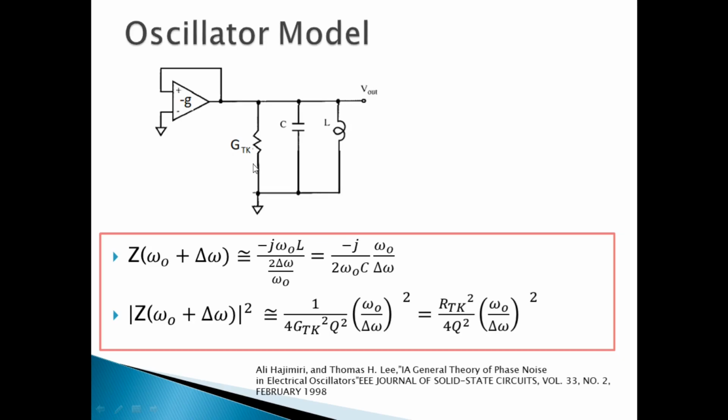So what happens to the noise source present in the oscillator? There will be noise generated by this GTK, and that noise will be filtered by the LC tank. Then it becomes phase noise.